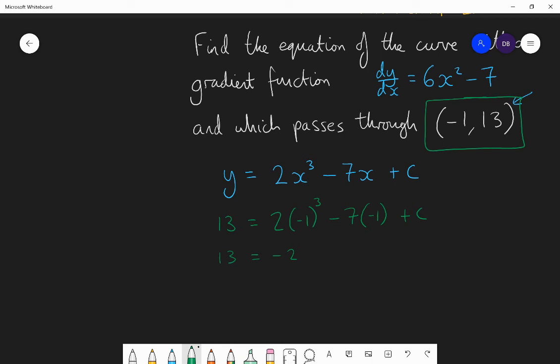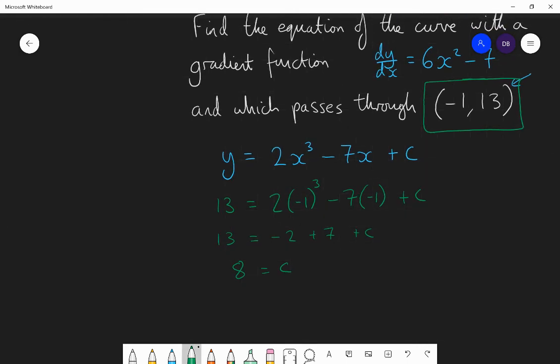Minus 7 times minus 1 is plus 7, plus c. So 13 will equal 5 plus c, so c will equal 8. And now I've got my equation. The specific equation I want is y is equal to 2x cubed minus 7x plus 8. That is the unique equation with that information.